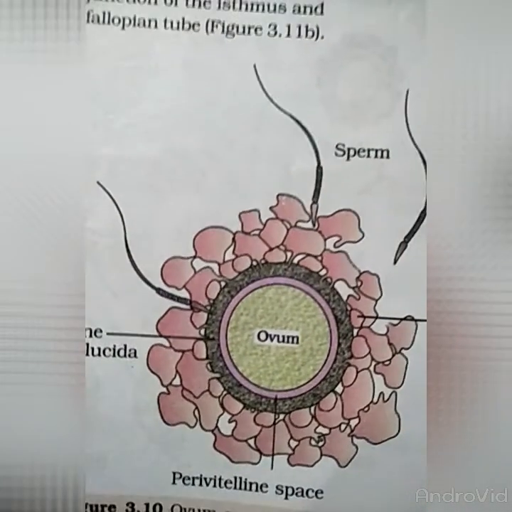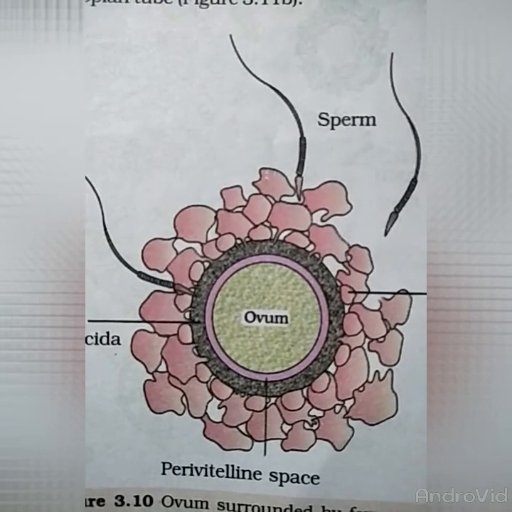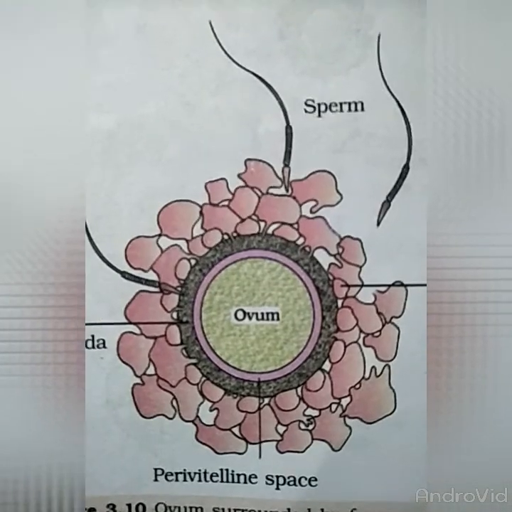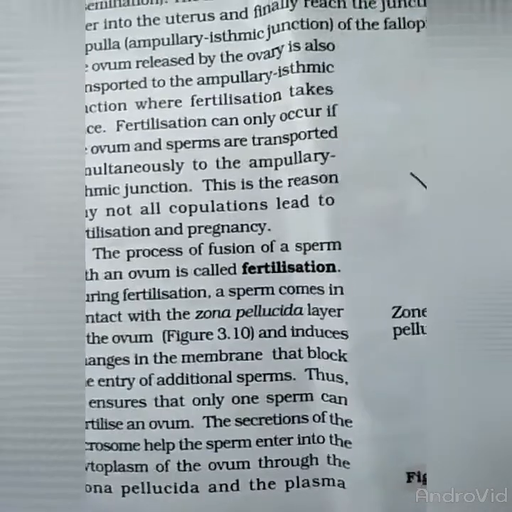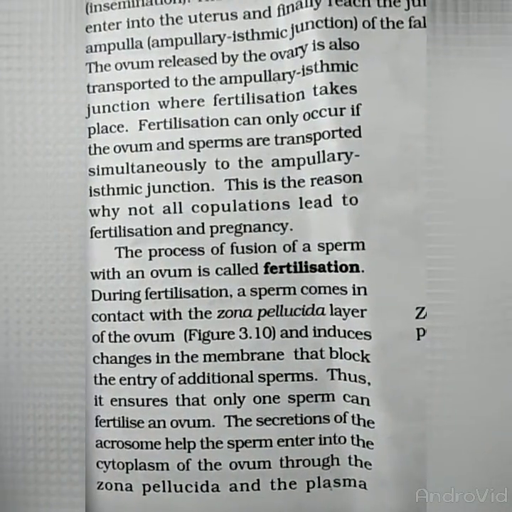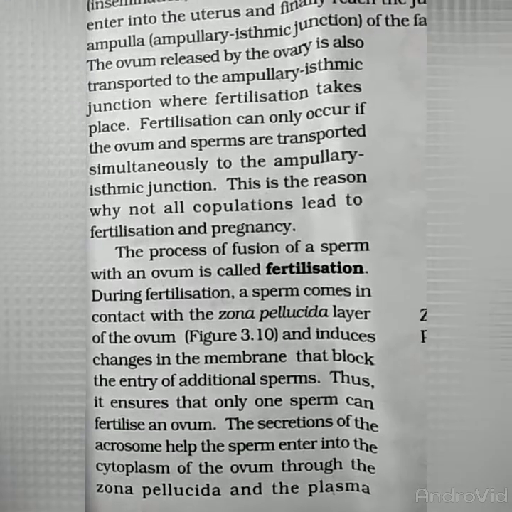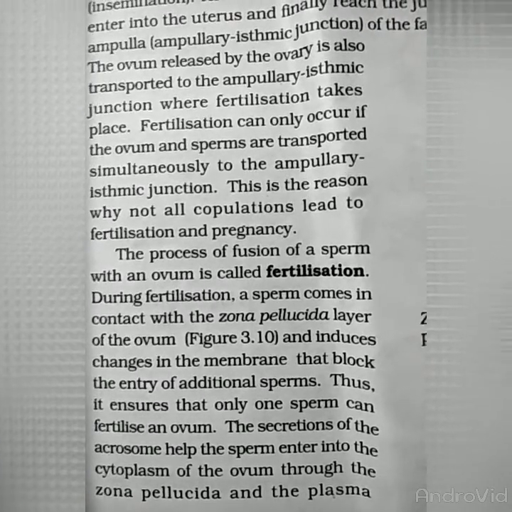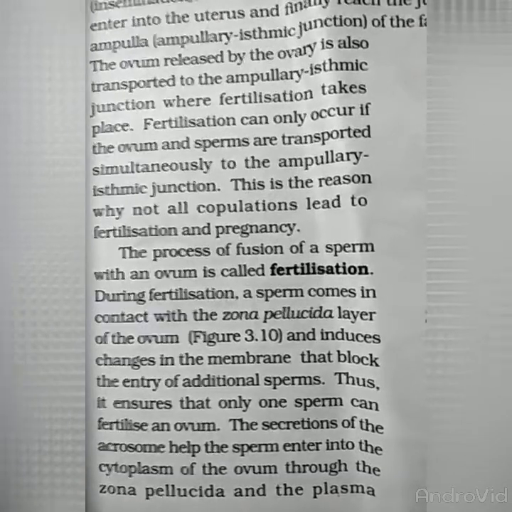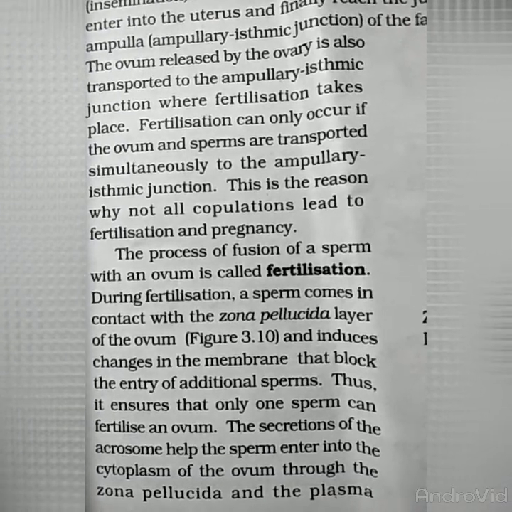This is the zona pellucida. The sperm penetrates the zona pellucida layer and enters the ovum. It induces changes in the membrane that block the entry of additional sperm. Thus it ensures that only one sperm can fertilize an ovum.